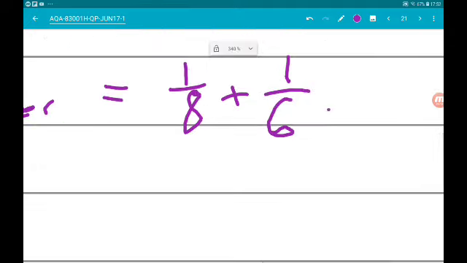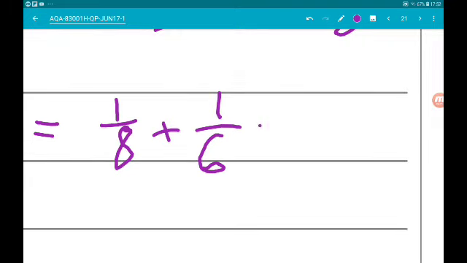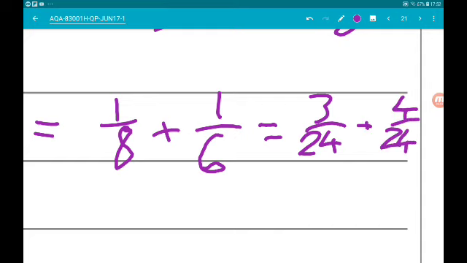So 1/8 add 1/6, if we go for common denominators, would be 24, so that's 3 over 24 add 4 over 24, that is 7 over 24.